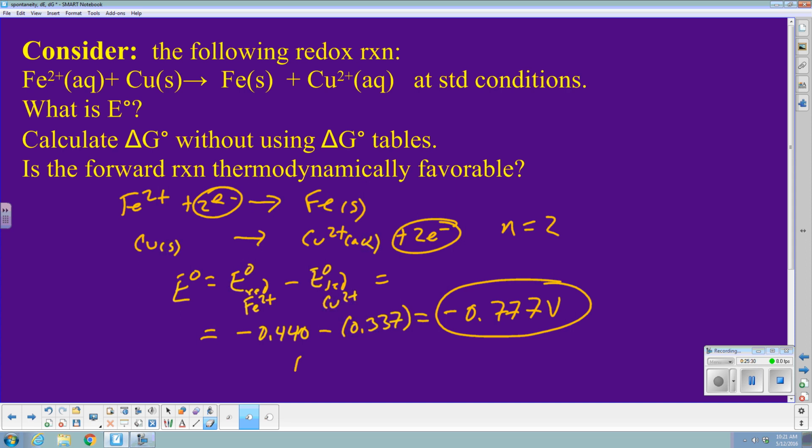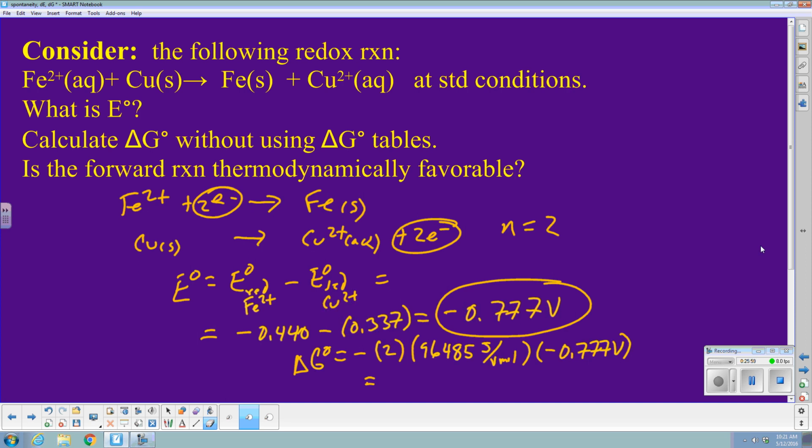So what's my delta G prime? Delta G prime is equal to a negative times how many electrons are transferred? 2 times my Faraday's constant, 96485 joules per volt mole, times my standard cell potential, a negative 0.777 volts.